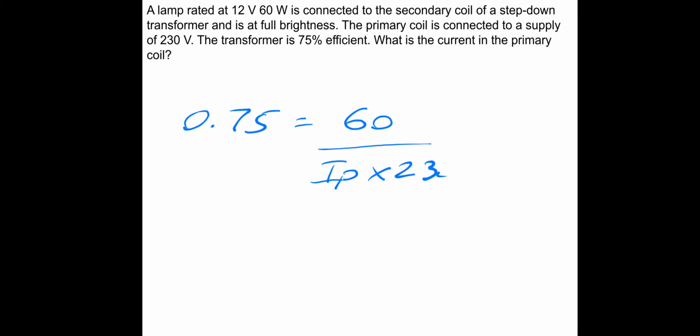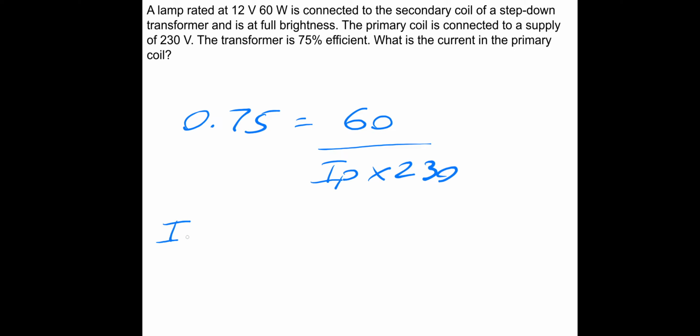So I'm just going to clear this, tidy it up. I could have done that a little bit better, but it'll be okay. So 0.75 equals 60 watts divided by the current on the primary coil times 230.